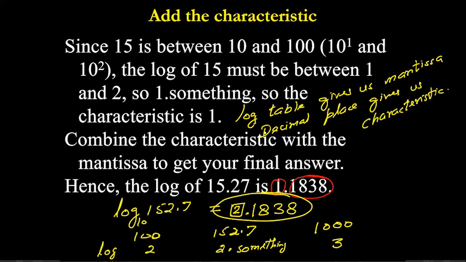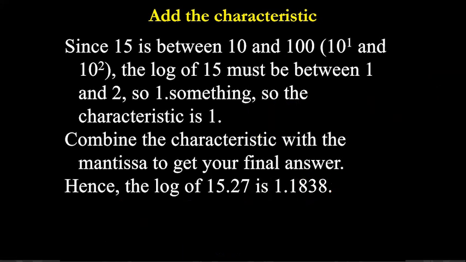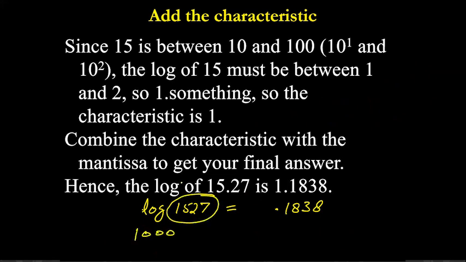So if someone asked about the number without any decimal, it means we are talking about the log of 1527. It does not have any decimal. Again, the mantissa part will be the same because we have the same digits, 1527. We need to just get the characteristic, and for the characteristic we need to see that this number is in between 1000 and 10,000.